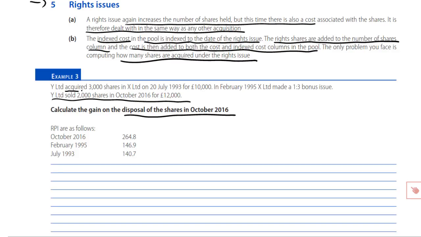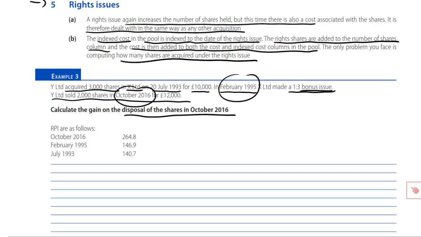We originally acquired 3,000 shares in X Limited on the 20th of July 93 for £10,000. In February 95, X Limited made a 1 for 3 bonus issue. So the last acquisition was February 95, prior to the disposal in October 2016.